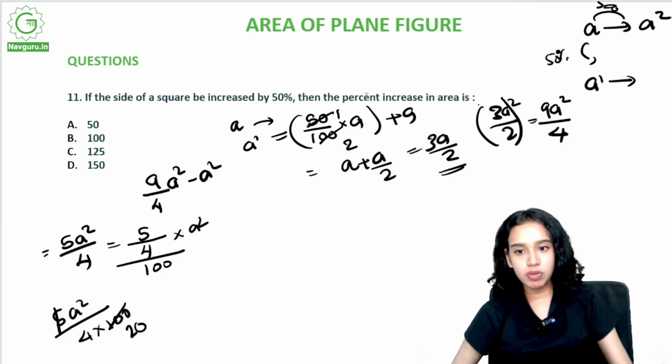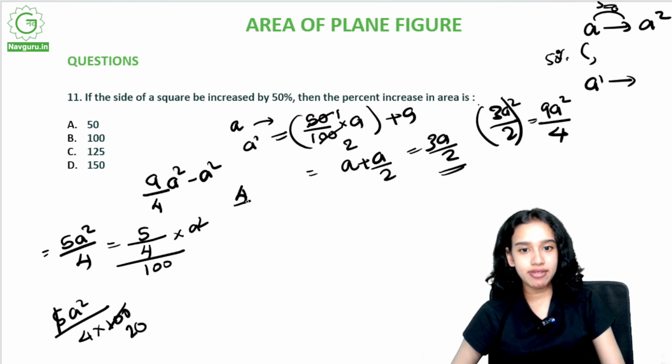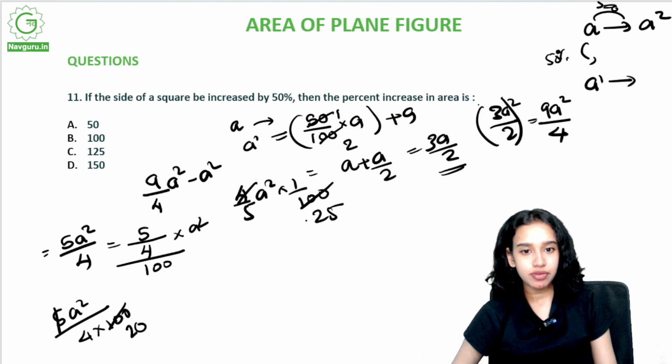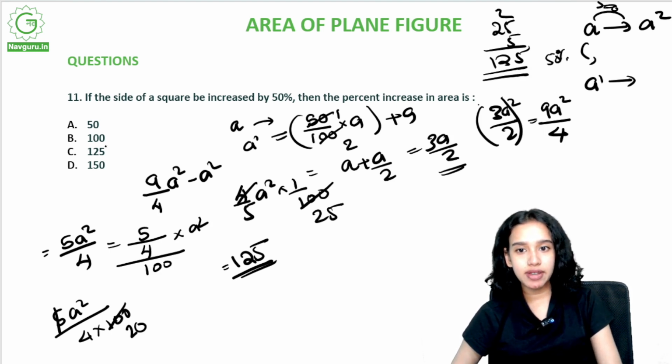So it's actually the opposite. This would be 5 by 4 A square into 100 by A square, and 4 and 100 cancels to be 25, and 25 into 5 is 125. So 25 into 5 gives us 5 5s are 25, 5 2s are 10 and 12. So 125 is the answer.